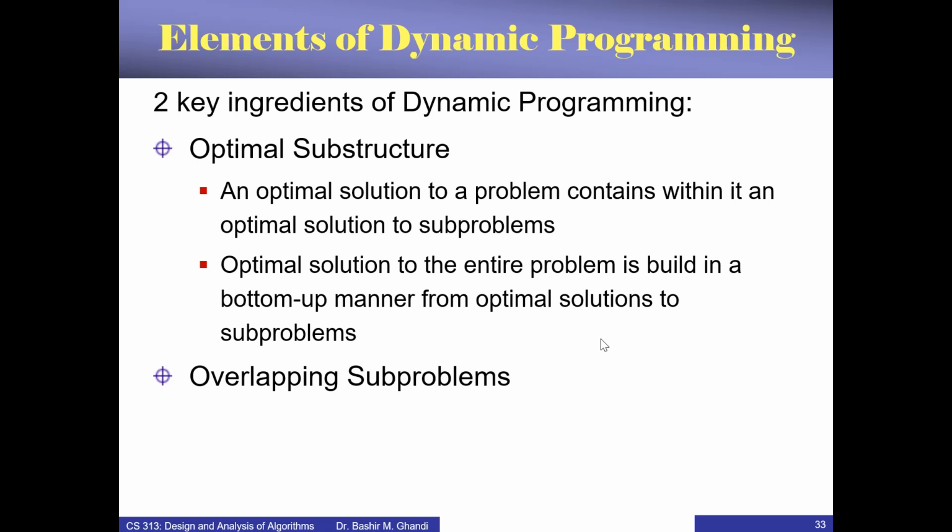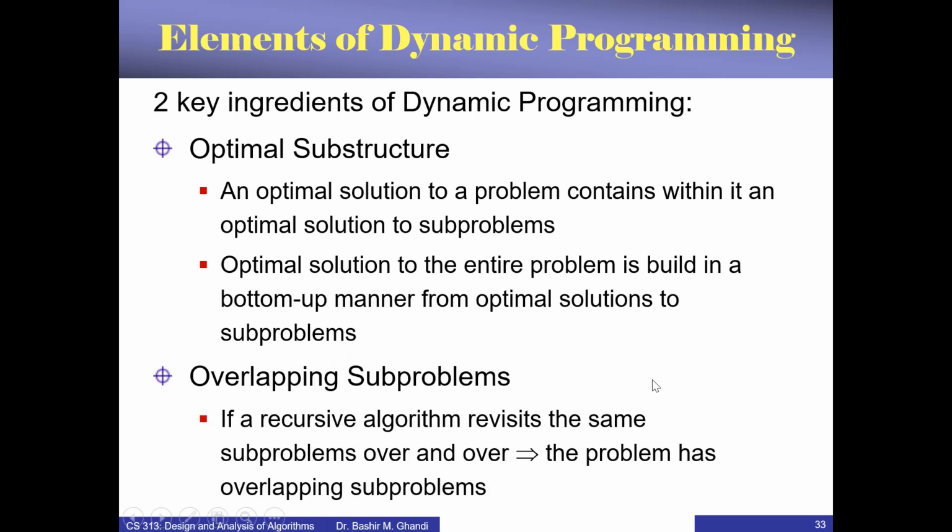The other key ingredient for you to be able to apply DP is to make sure your recursive version involves overlapping subproblems. In a recursive algorithm, if the algorithm revisits the same subproblems over and over again, then it means the problem has overlapping subproblems, and therefore is a candidate for solving using the dynamic programming approach.